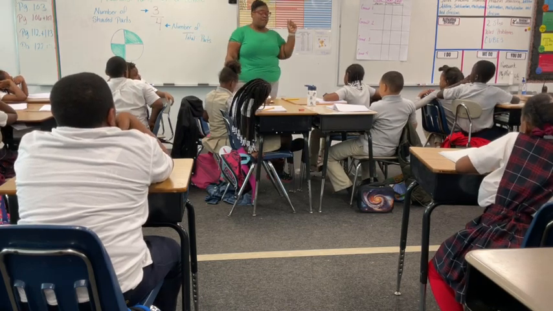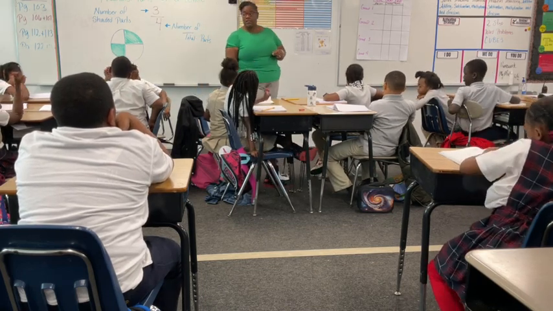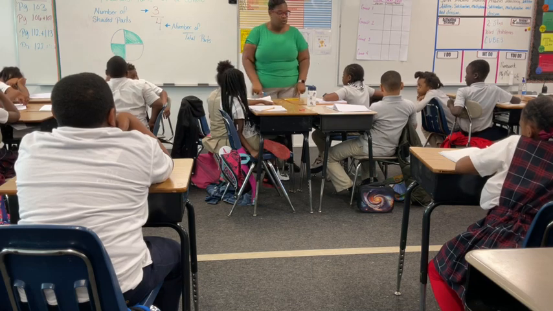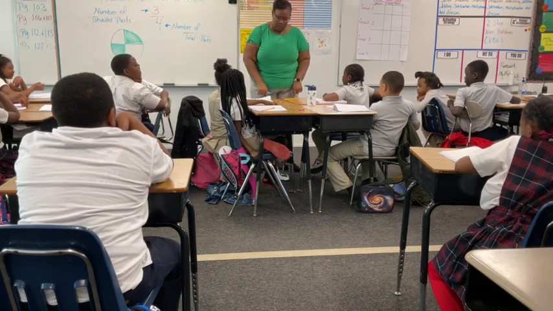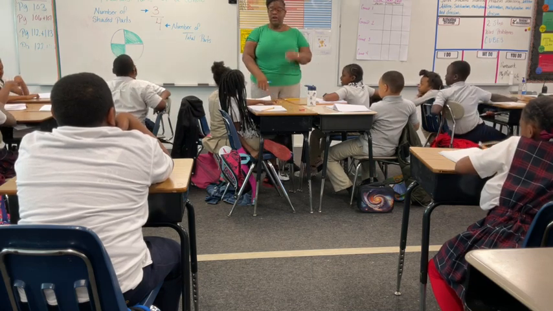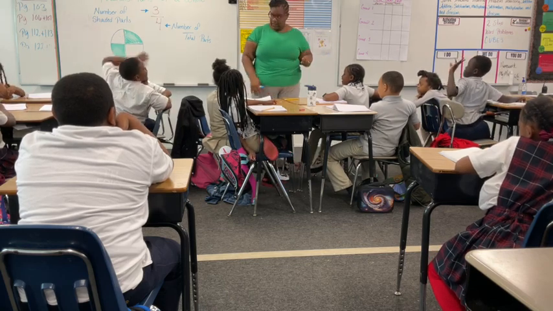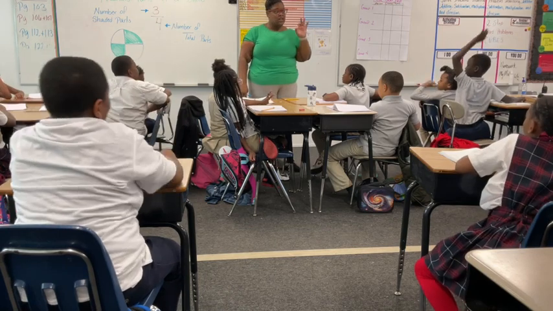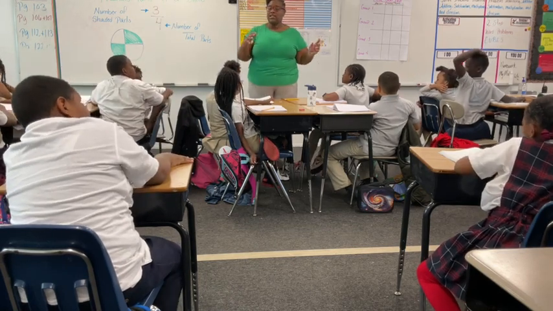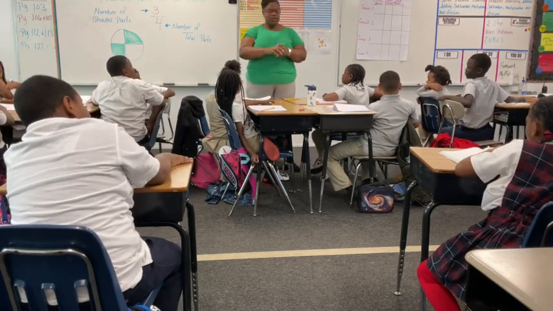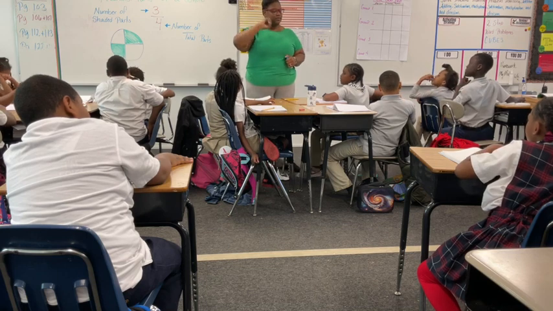However, if I decide that I want to give each person from group 2 a slice, how many slices are now missing? 4. So the fraction of how many is missing is what? No, how many is missing?